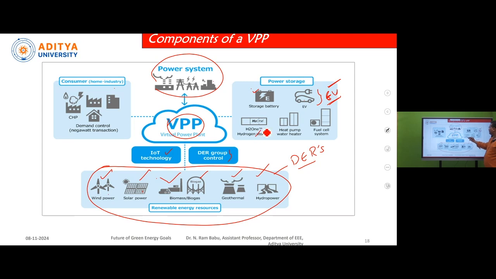Apart from that, hydrogen fuel cell, water heat pump, and fuel cell systems are also considered. These are some examples of power storage systems. Apart from this, as we have discussed earlier, ultracapacitors, redox flow batteries, flywheel mechanisms, and SMES. These are some examples of storage devices which store energy, and depending upon the type of application, these energy storage devices are utilized.